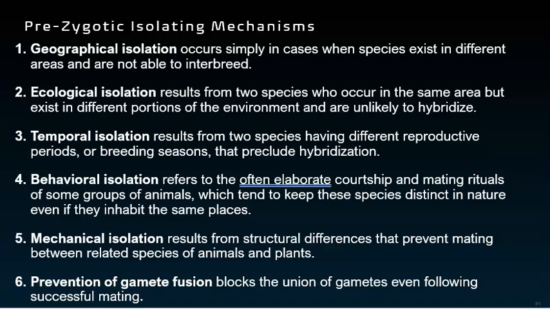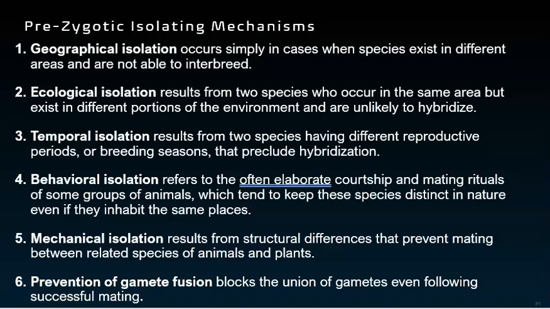It refers to the often elaborate courtship and mating rituals of some groups of animals, which tend to keep these species distinct in nature, even if they inhabit the same places. So this is like a bird that even though they could mate with any of the birds around them, they only want the bird with the specific song that they like. So that's behavioral isolation. They have expressed their preference for behavior, and that's who they will mate with.